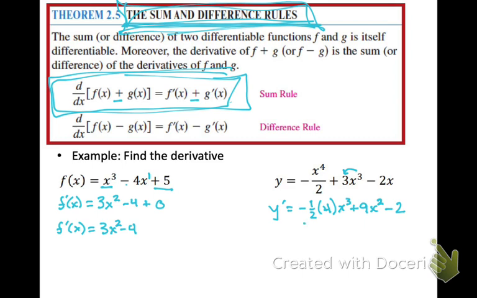And I wrote this out over here because I may take a minute to do that one, right? Half of 4 is what? 2. So negative 2x cubed plus 9x squared minus 2. Did I go down 1 degree from the beginning? Yep. Not too bad, huh?